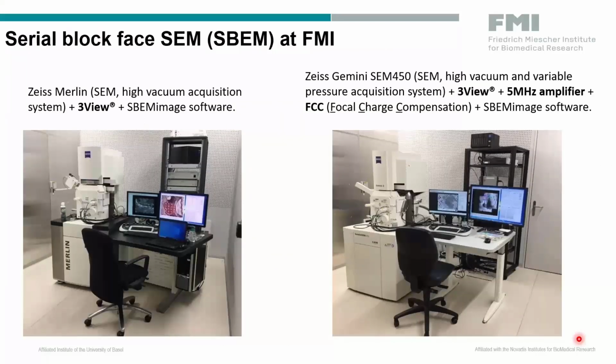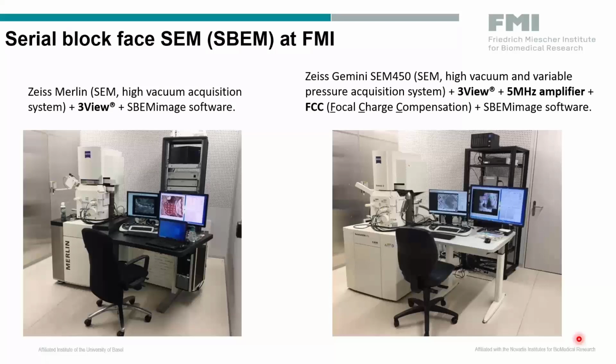At FMI, we are lucky to have two systems hosting a 3View serial block face microtome. One is the Zeiss Merlin and is only working in high vacuum, whereas the Gemini is much more flexible and has different options, and we can work in high vacuum and also in variable pressure.